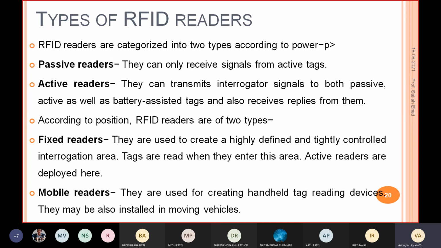Whatever area you get is the range of that particular reader. If your reader is moving, your center is moving, so that circle also moves, and that way you can change the area. Generally, this kind of reader is installed in a moving vehicle, meaning the vehicle is changing its place. So this is about the types of RFID reader.